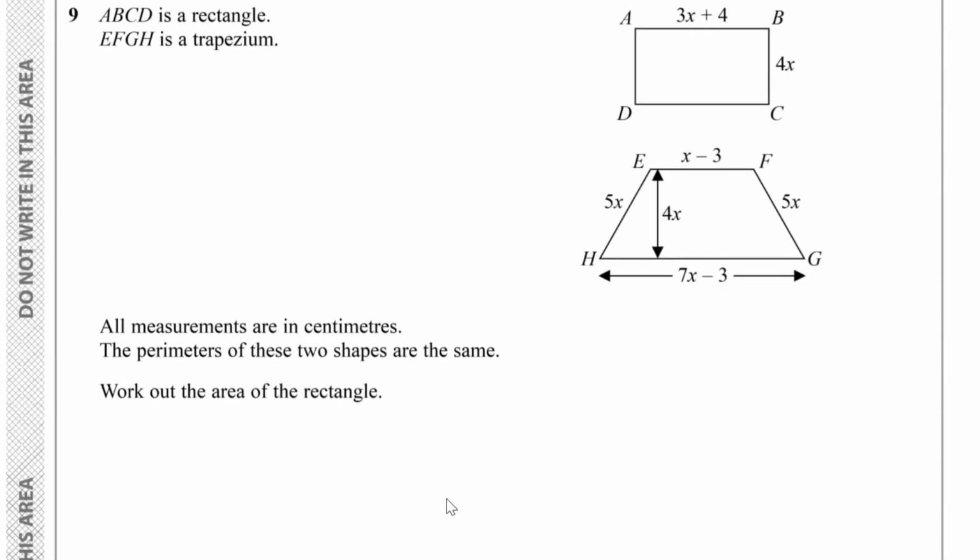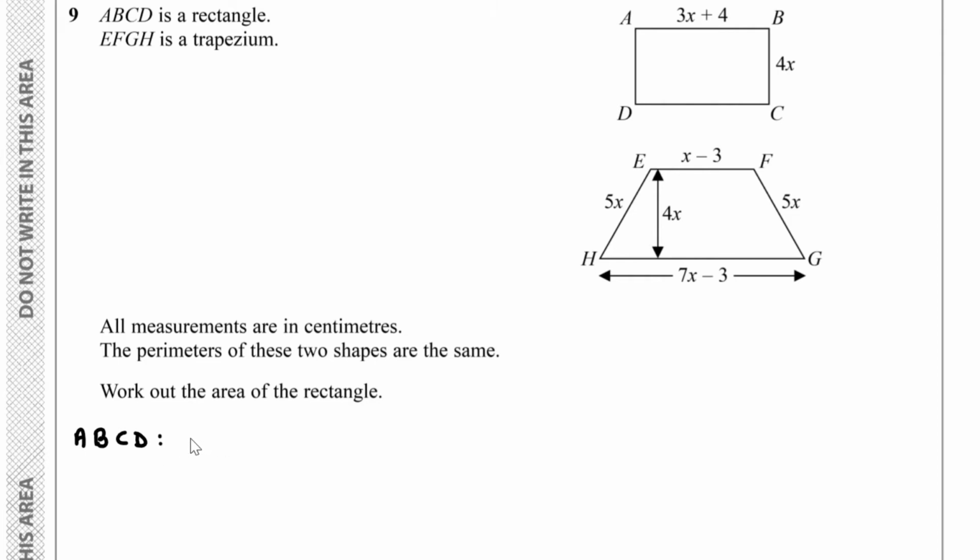So what we can do over here then, for the rectangle ABCD, is find out the perimeter.